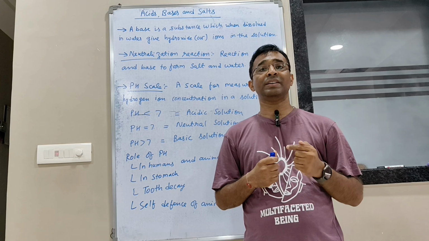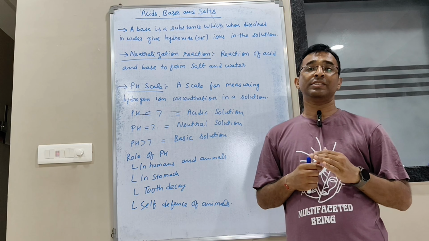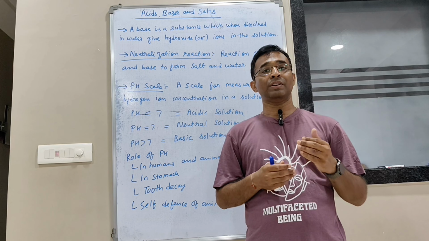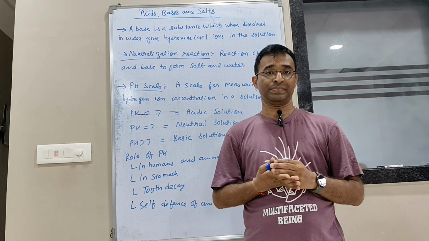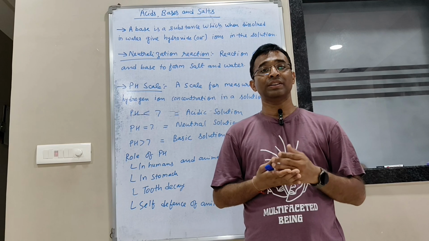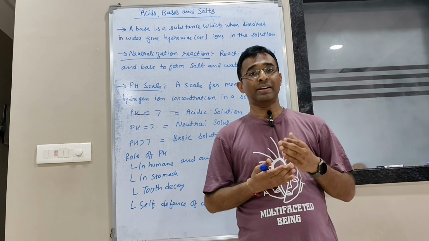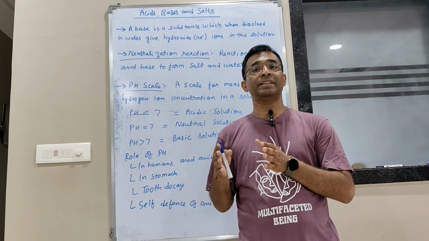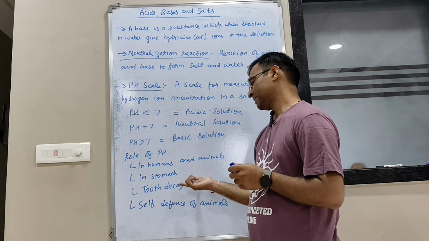The toothpaste is basic, and the base in it neutralizes the effect of the acid. Otherwise, if we do not brush, our teeth will start decaying, as usually happens when a person repeatedly does not brush his teeth, and in the later half of his life the teeth fall out of his mouth.